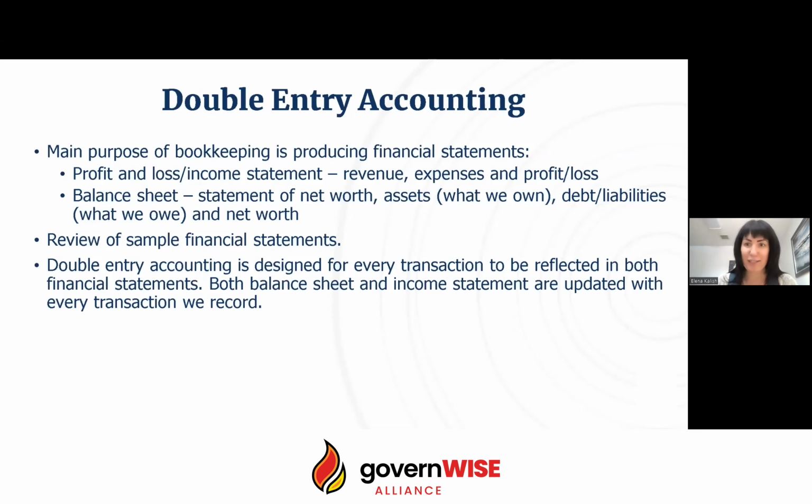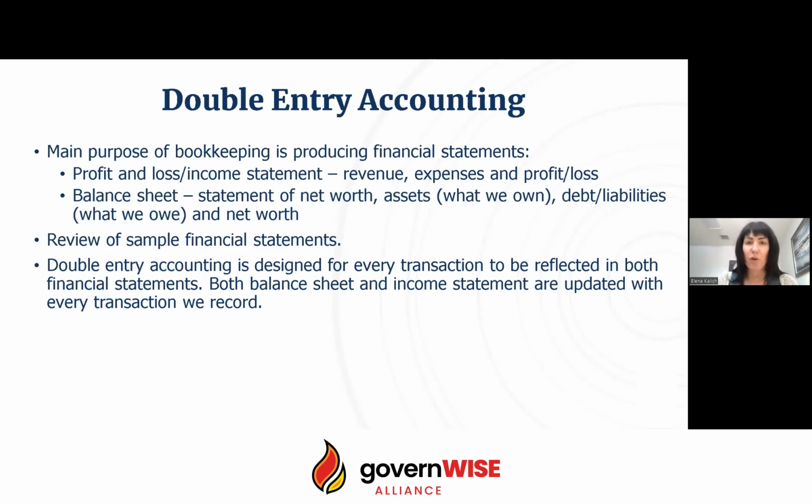In the old days it was referred to as double entry, but this is the purpose: we're hitting both statements at the same time. So at any point in time, we can print out a profit and loss and a balance sheet that are updated and relevant, as long as we have all our transactions entered.